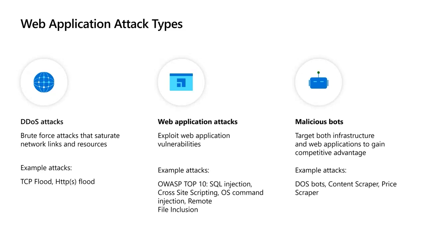So the second type of attack we have here are the web application attacks. Within this group, we have different kinds of attacks, for example, SQL injections, cross-site scripting, remote file execution, and others.